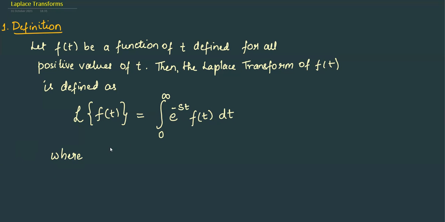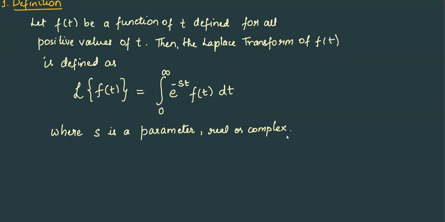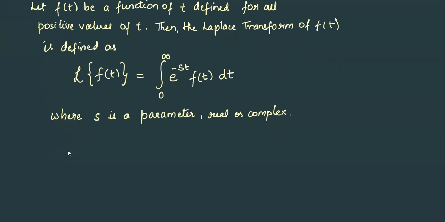Now, s is a parameter, real or complex. So this is the definition of the Laplace transform: the integral from 0 to infinity of e power minus st f of t dt.